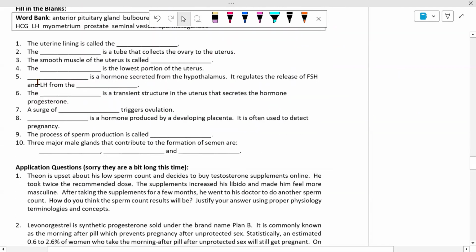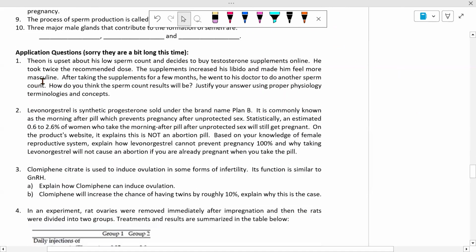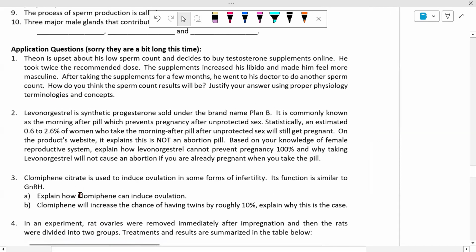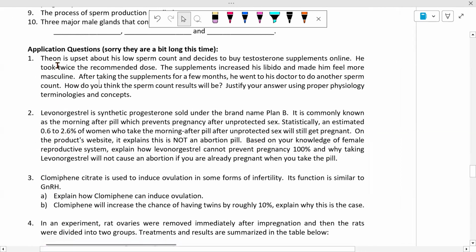I'm going to go through some of these application questions because some of them will show up on the test. They're a little bit long this time, so I'll just read it to you. Theon is upset about his low sperm count and decides to buy testosterone supplements online.